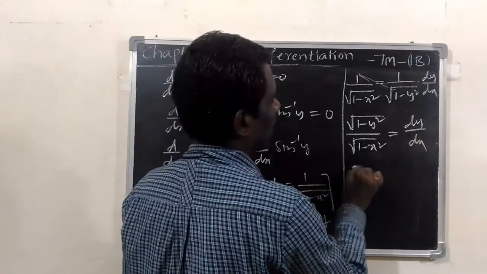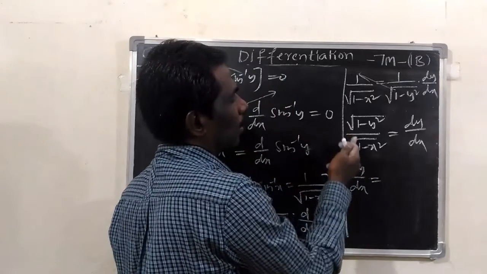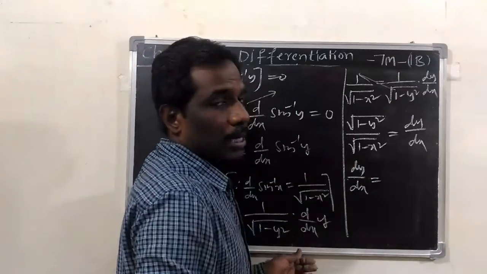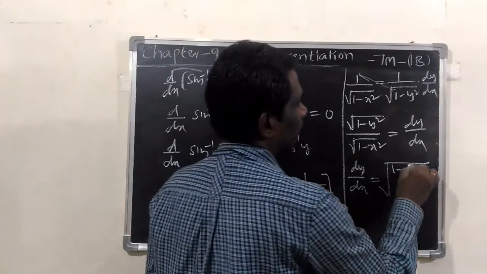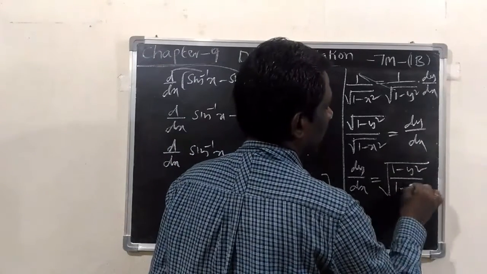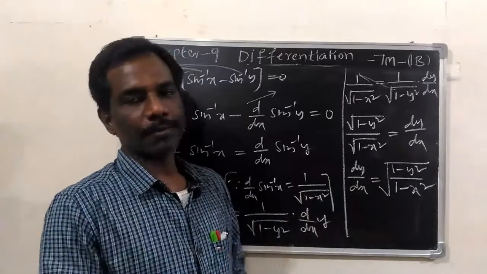So finally dy/dx = √((1 − y²)/(1 − x²)).